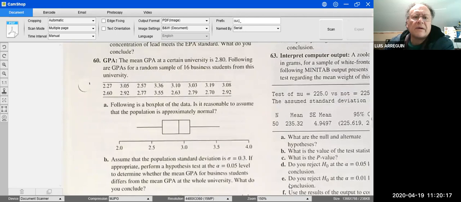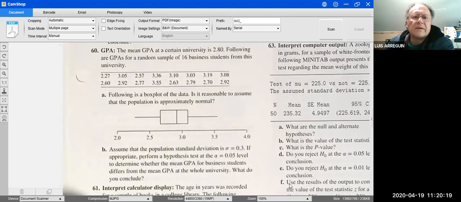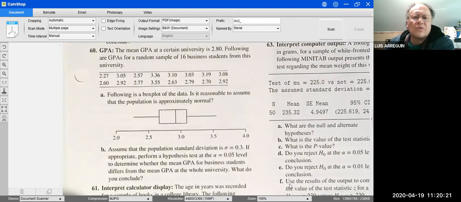You have a data set that is given, and again you need to compute your mean from this data set. You need to create for part A maybe a histogram, or maybe just a QQ plot and a QQ line to determine normality. And finally, if you determine that the population is normally distributed, then you can proceed with part B and do your testing.